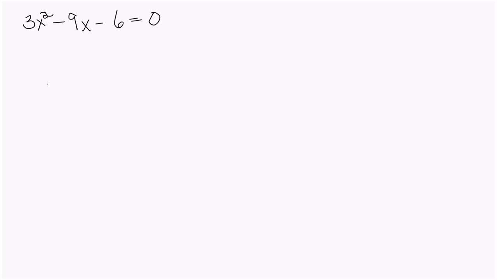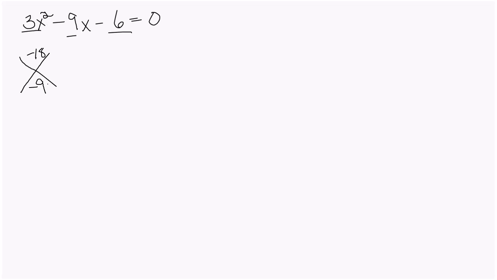Let me just check. So if I do the British method and I times my a value by my c value, I get 3 times negative 6, which is going to give me negative 18, and my b value is negative 9.